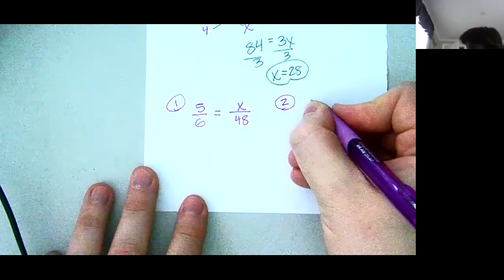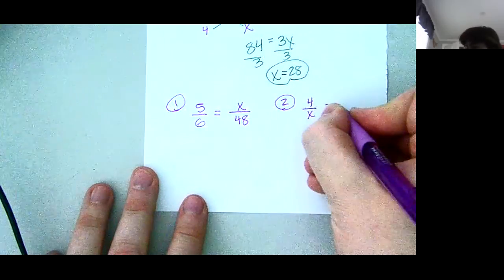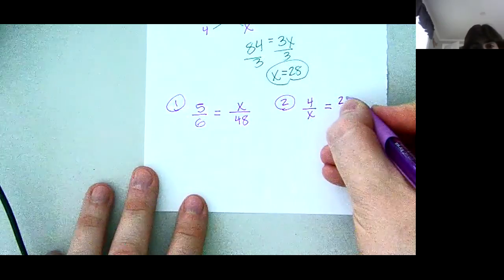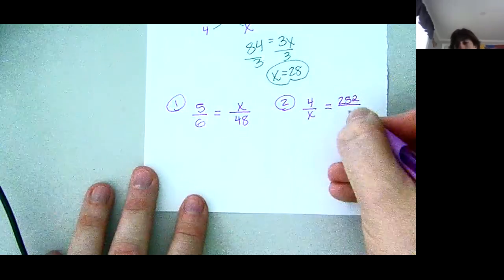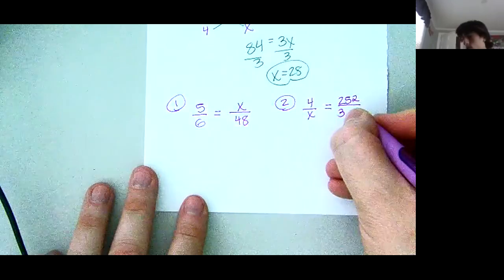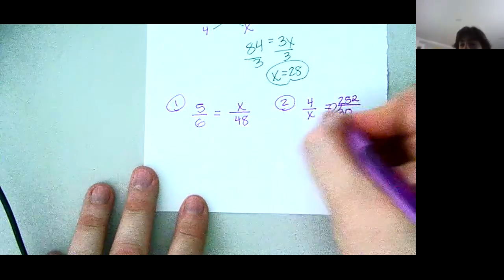And then, I'm going to put the x over here this time. I'm going to say 4 over x equals 252 over 3. I don't know what I'm doing.